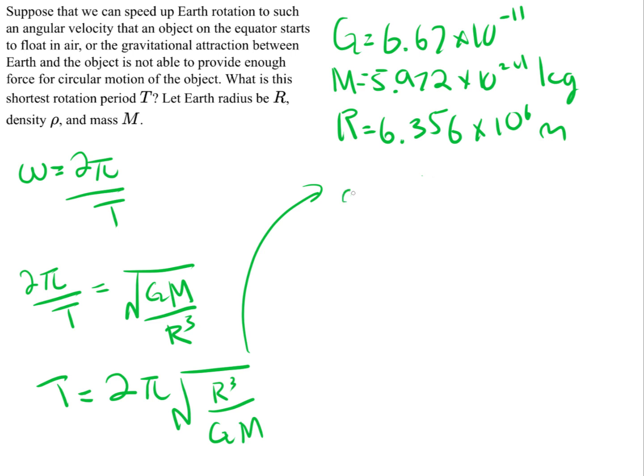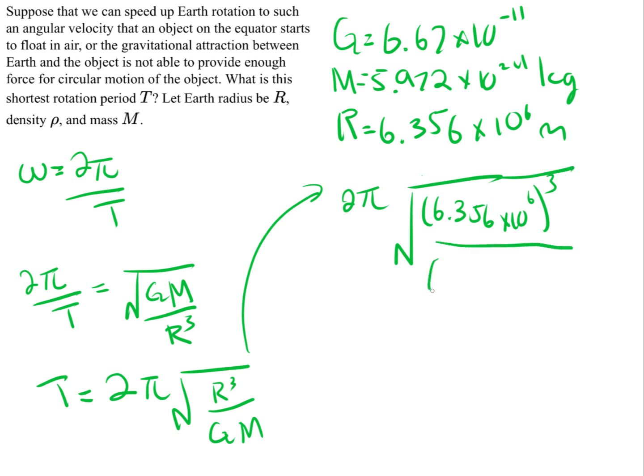So this becomes 2 pi times the square root of the radius cubed, which is 6.356 times 10 to the 6 meters, cubed, and then divided by the gravitational constant, 6.67 times 10 to the negative 11 power, times the mass, 5.972 times 10 to the 24th power kilograms.